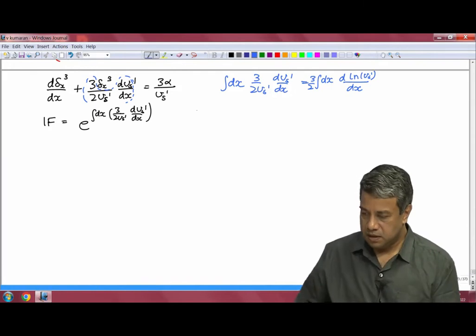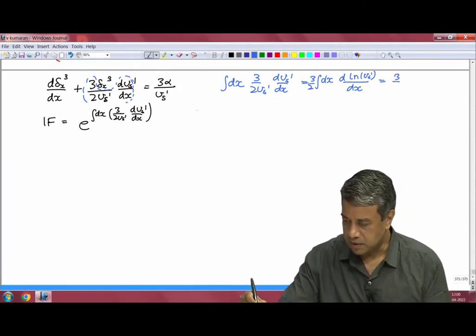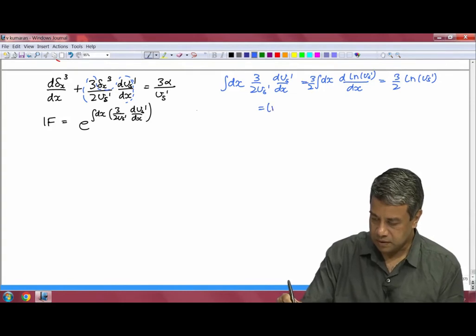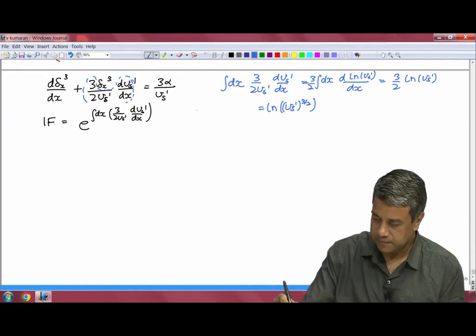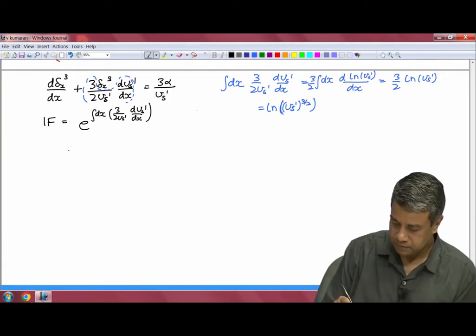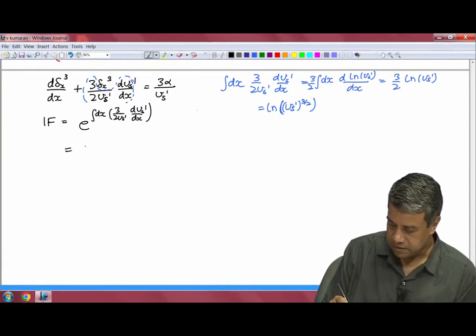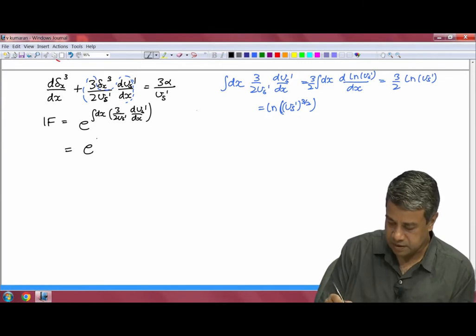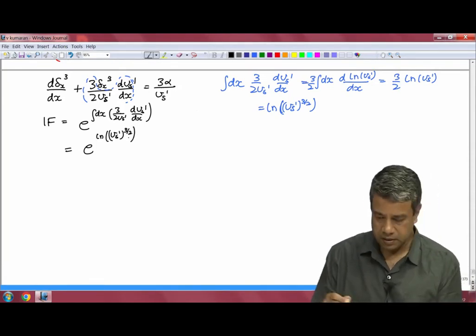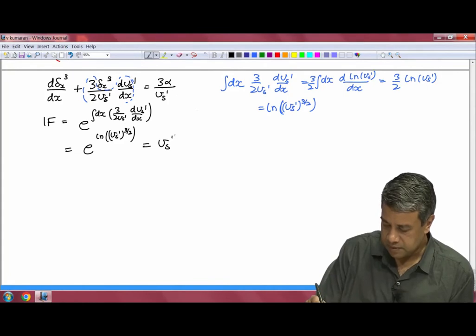So, this is just equal to 3 by 2 natural logarithm of Vs prime, the antiderivative, which is equal to log of Vs prime whole power 3 by 2. So, that is the solution. Therefore, here I have exponential of the natural logarithm of Vs prime whole power 3 by 2, which is equal to just Vs prime whole power 3 by 2.